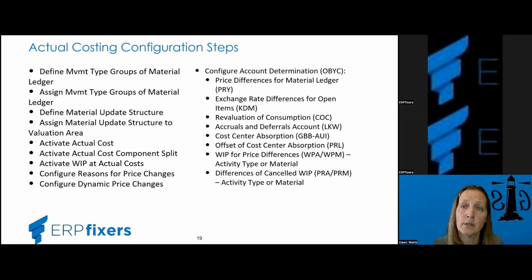There are some decisions along with this that need to be made, as far as what you want your actual costing to look like, how you want it to update, whether you want to activate the actual cost component split if you have your cost component split on your cost of goods sold already, whether you want WIP at actuals, all of these different settings that need to be activated and set up in order to be ready for actual costing. And then the configuration of all that account determination. So in OBYC, all these different account modifiers need to be set up and configured.